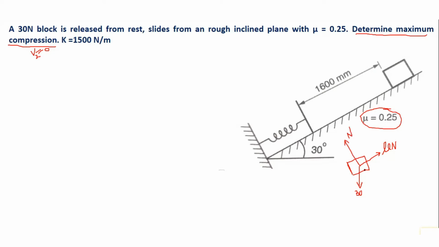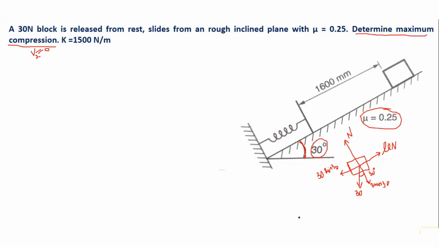Now let us resolve this force of 30 Newton into two components, one along the y axis and one along the x axis. It is given in the question that this plane is making an angle of 30 degrees with respect to horizontal. Hence this angle will be 30 degrees, and this component will be 30 cos 30, and this component will be 30 sin 30.